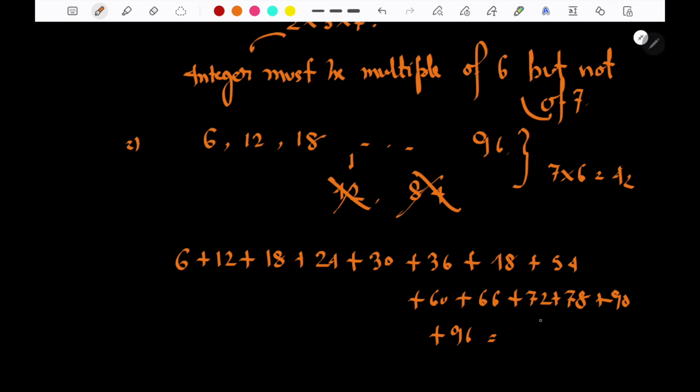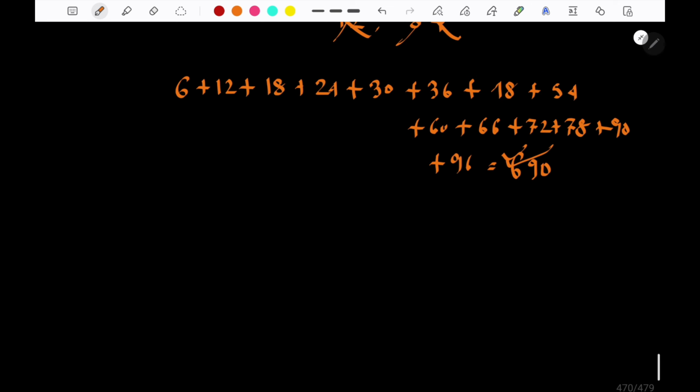So overall 72, 78 is 150, 240. Okay. So this will be 690.